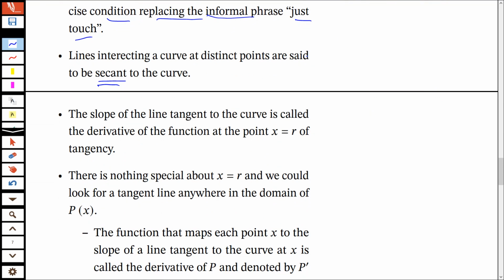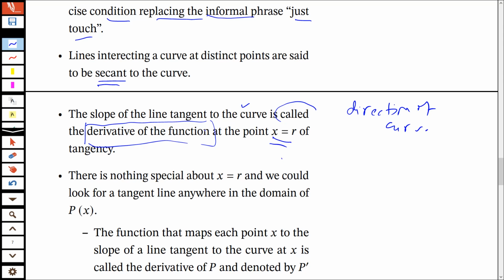Now, remember, there is no such thing as the slope of a curve. So the slope of the line which is tangent to the curve truly captures the direction of the curve, and that is exactly what we were looking for. That is what we call the derivative of a function, in this case the polynomial, at a point.